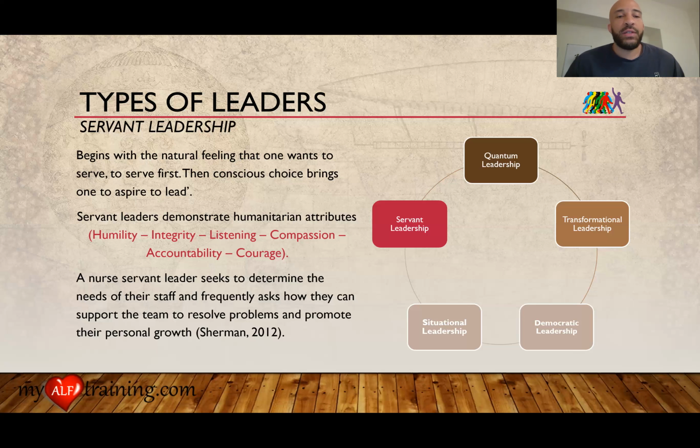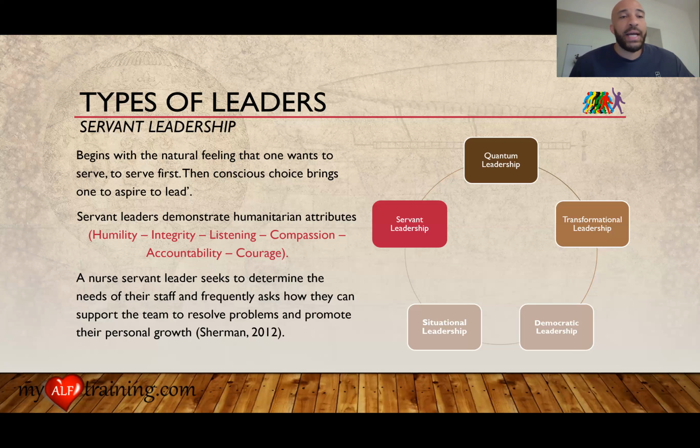A servant leader recognizes this and goes directly to the staff frequently to ask, are we having problems? They assess the individuals in the team, and want to promote the individual personal growth of the team members. So they look for their weak points and see how they can assist those members of the team to be better and to make them stronger.